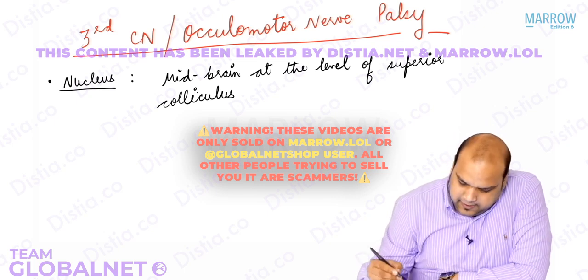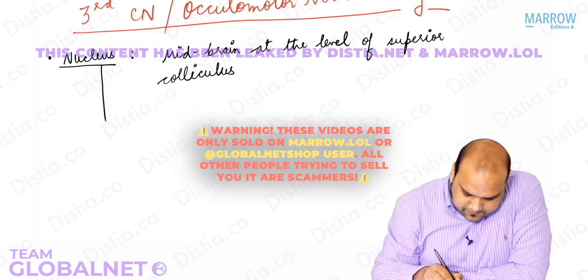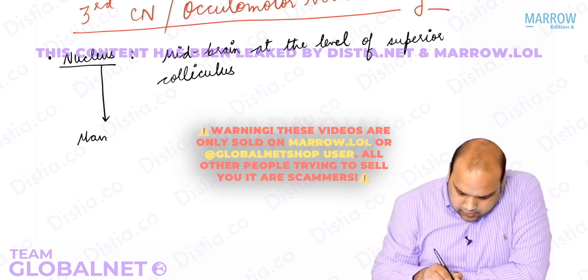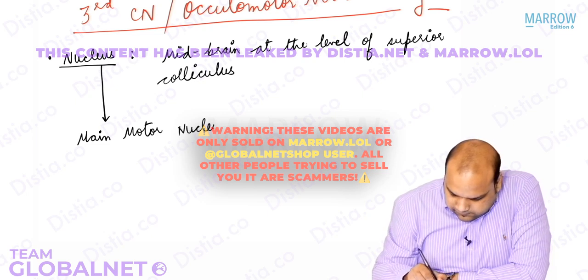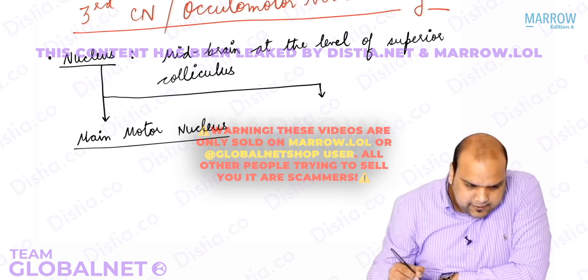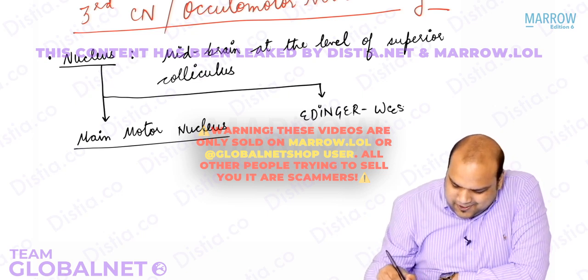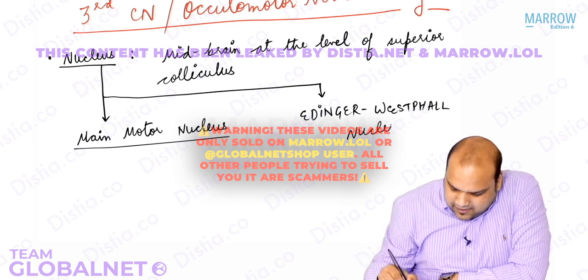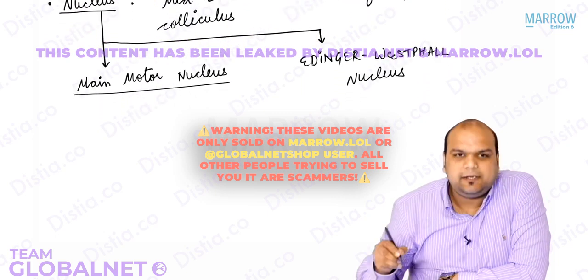Okay. Then this nucleus can be divided into 2 parts. One is the main motor nucleus and the other part can be called the accessory nucleus, which is named, everybody knows, the Edinger-Westphal nucleus.